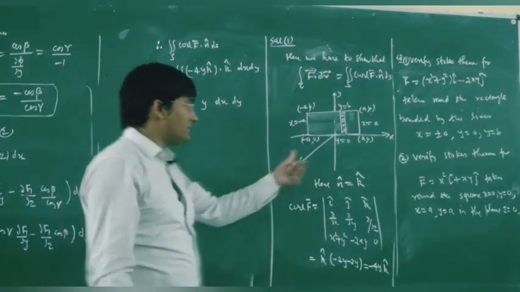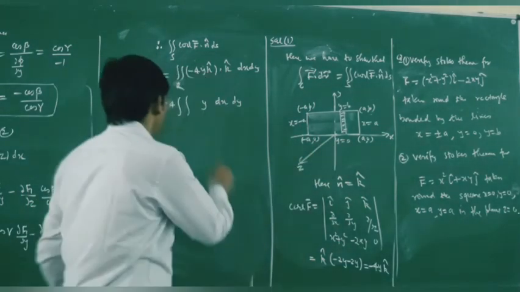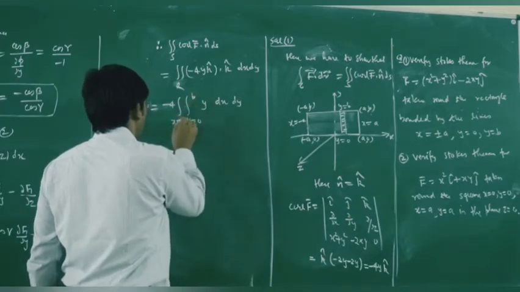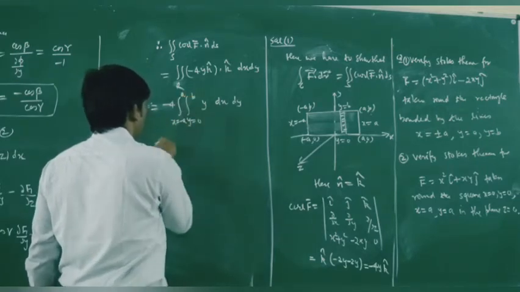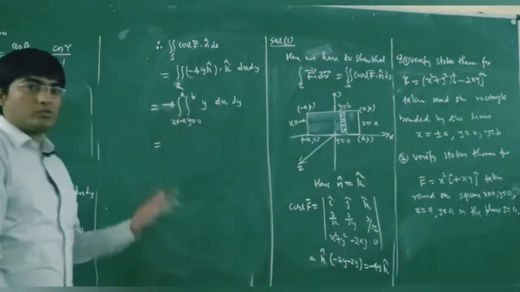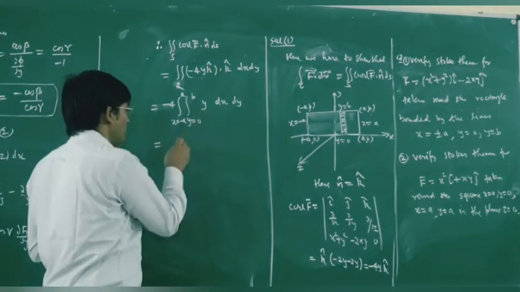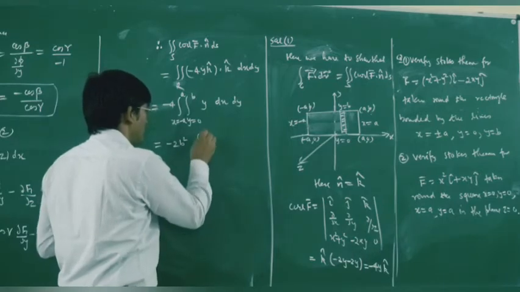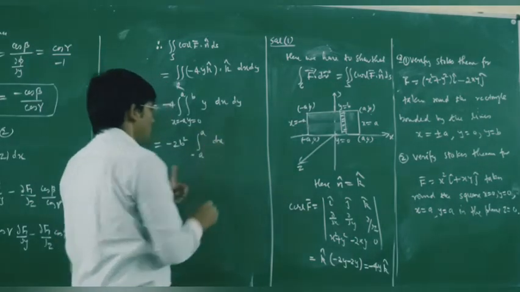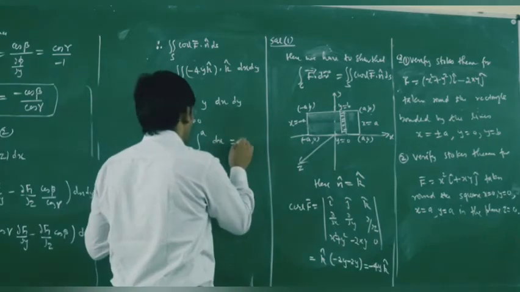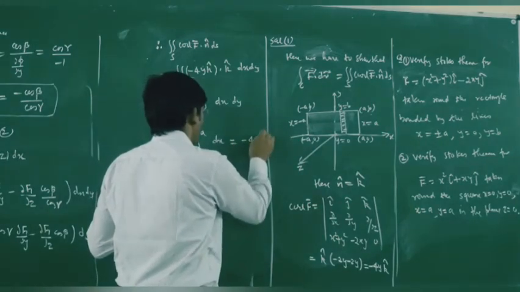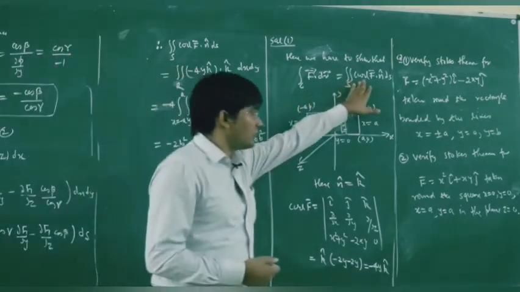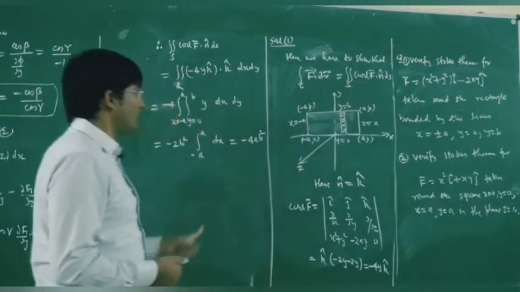Now just guess the limits. The value of y will be from 0 to b, and the value of x will be from minus a to plus a. Now integration of y will be y square by 2, so this will give you minus 2b square, and then we have x from minus a to a dx. So this will give you 2a, so this is equal to minus 4ab square. So that means the value of this surface integral is equal to minus 4ab square.